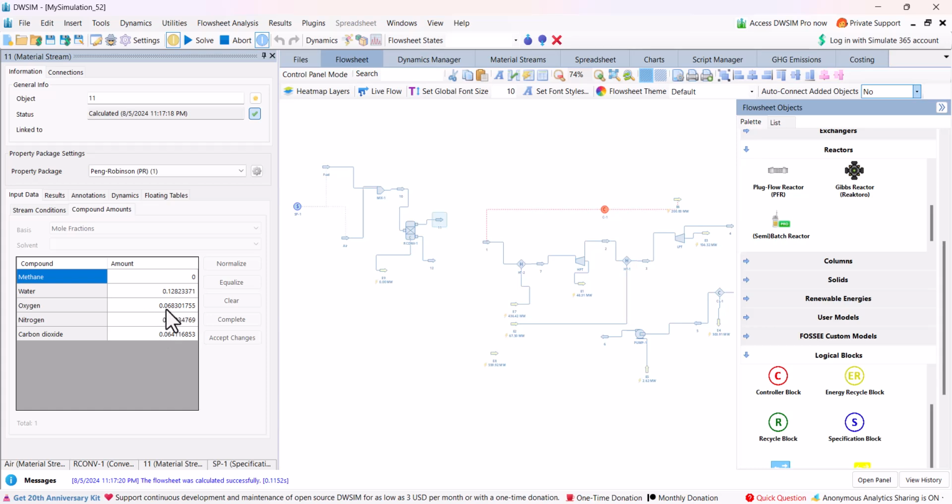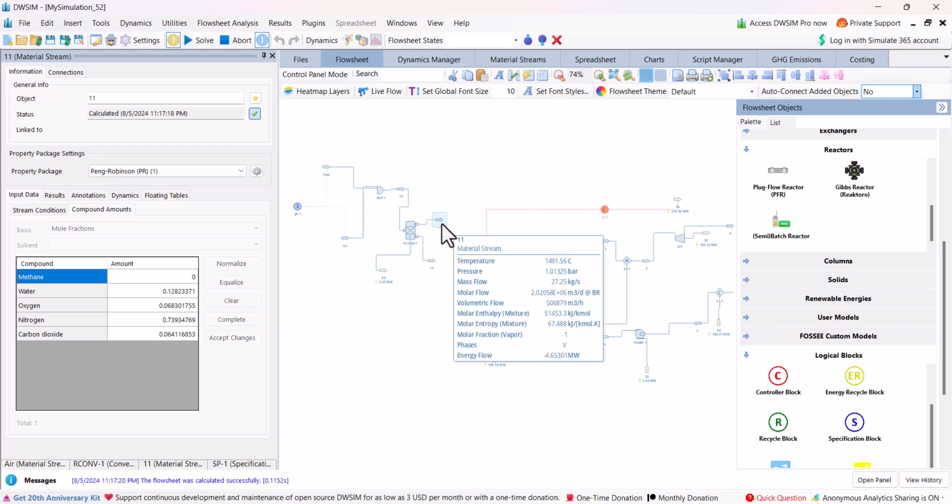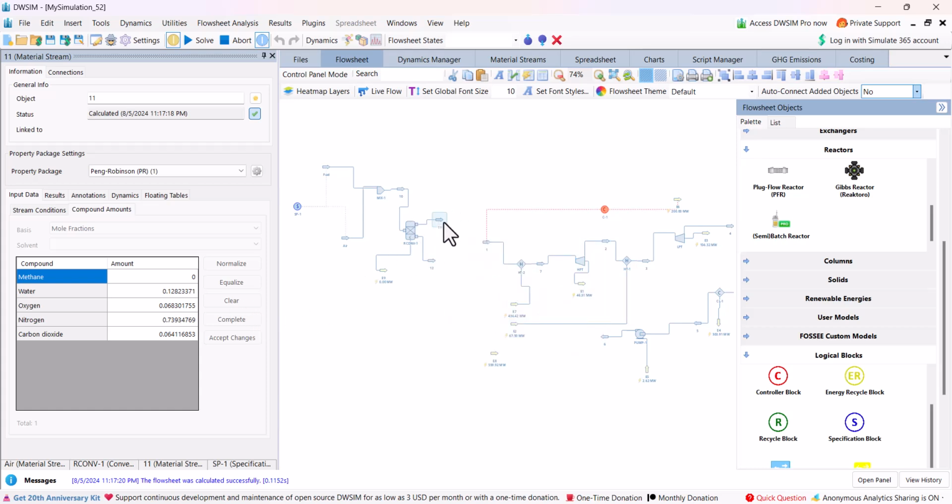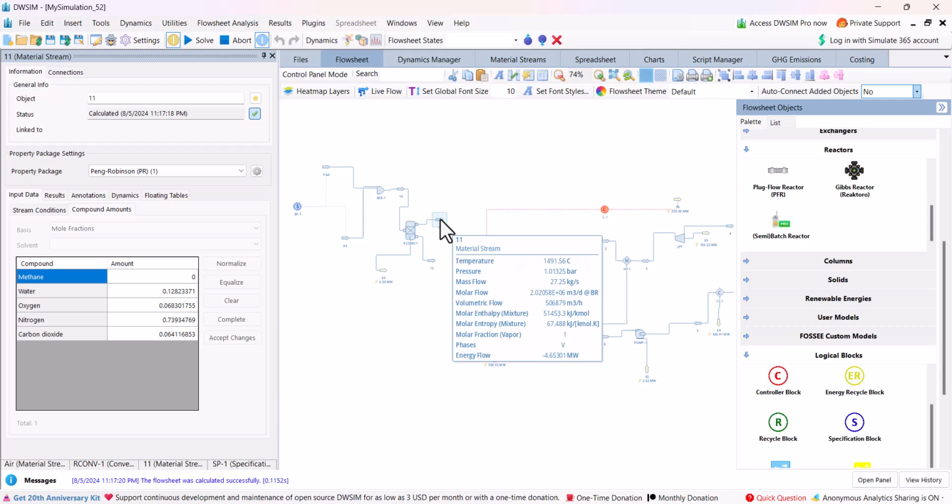You can also specify, or use a control block, that there must be some amount of oxygen left here by changing the amount of air, but that can be complicated. This is the easiest way.